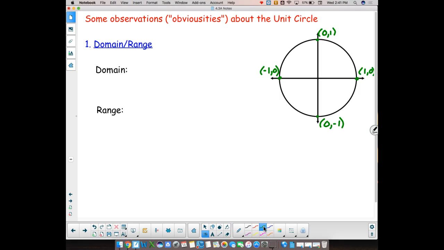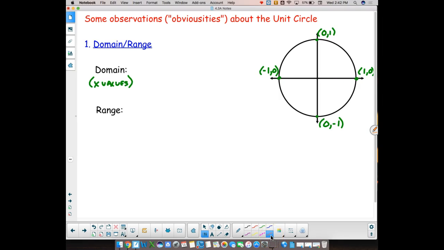Negative 1 to 1. Okay. And is that horizontal or is that vertical? Horizontal. Because domain is x's? Yep. Remember that domain is x values. So the domain here would be from negative 1. Now, are you including negative 1 and positive 1?